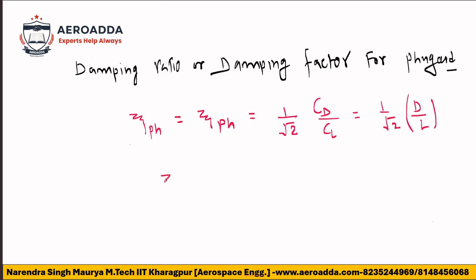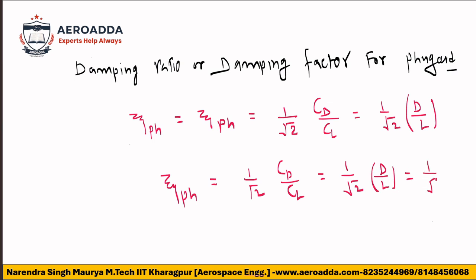So this zeta_ph, the damping factor, is 1 by root 2 times C_D by C_L. See, again I am writing this formula, please listen. Also I can say 1 by root 2 times 1 by L by D.